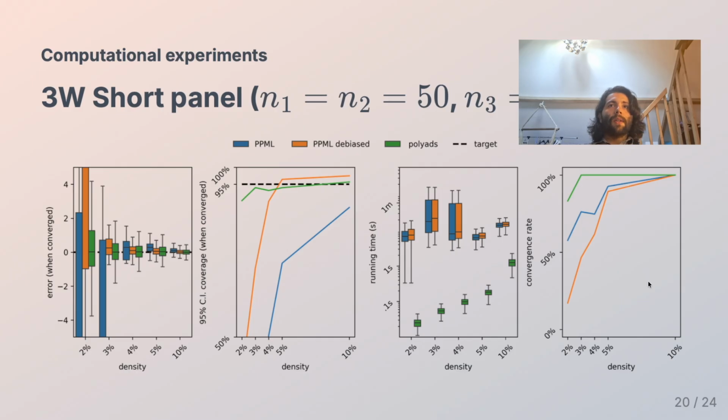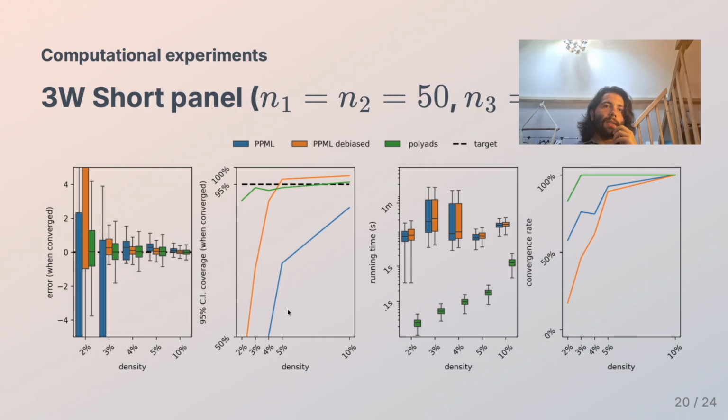In this first experiment, we look at a very small data set, and we care about density. So here in the x-axis, I have the density of the graph. I have here PPML debias, which is the analytical debias proposed by Zielke and Weidner for PPML. We also have here our polyads method.